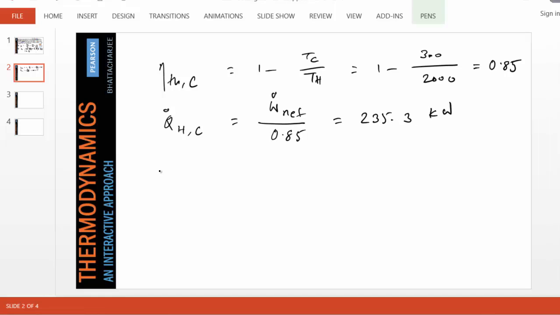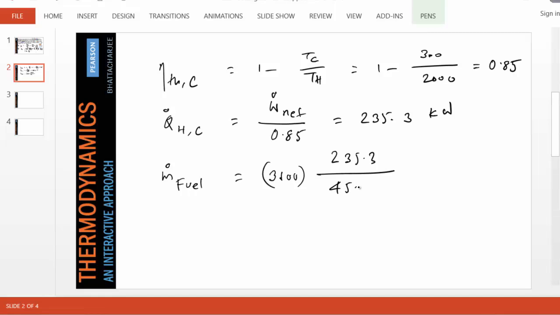So now we can again go back and find the fuel consumption rate, which would be 3600 times the amount of heat that we need every second, so many kilojoule per second or kilowatt, divided by 45,000. And that turns out to be something like 18.82 kg per hour.